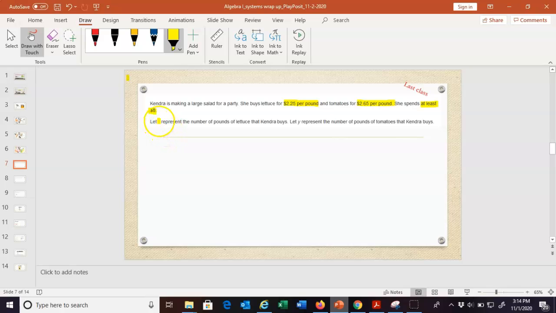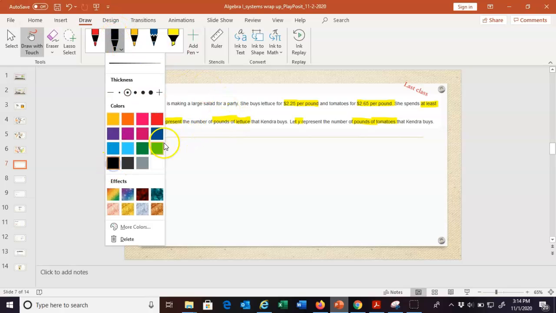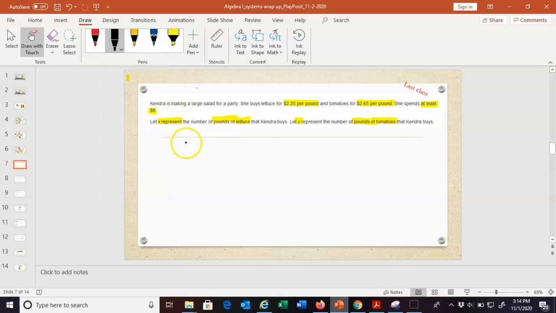Let X be lettuce and let Y be the pounds of tomatoes. So let's write this out. I tried to highlight all of our important information. If X is going to be the pounds of lettuce, how can we represent the total cost of the lettuce then? It's $2.25 per pound.